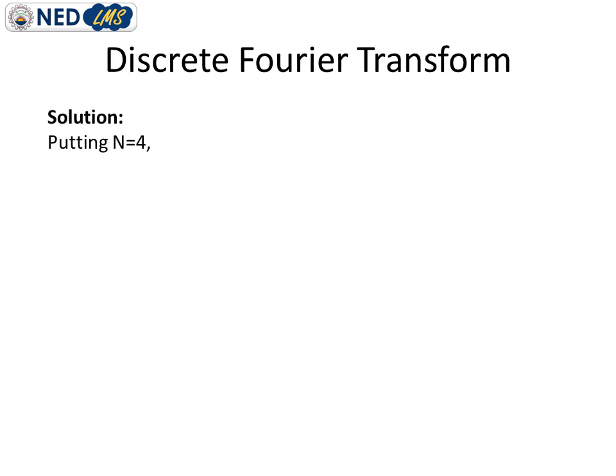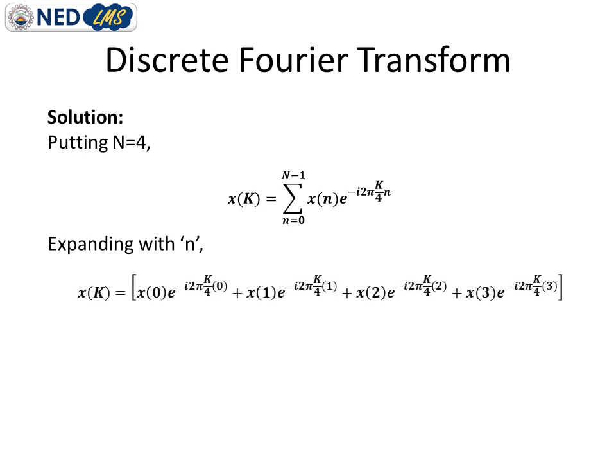So first of all we are putting capital N equal to 4 because we are computing 4-point DFT for 4 sample values. So this is the standard equation, and we have placed the value of N as 4. Now the equation becomes like this when we expand it with n.